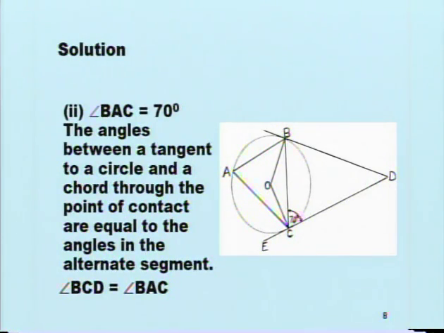The second part, angle BAC is equal to 70 degrees. Reason? The angle between a tangent to a circle and the chord through the point of contact is equal to the angle in the alternate segment.